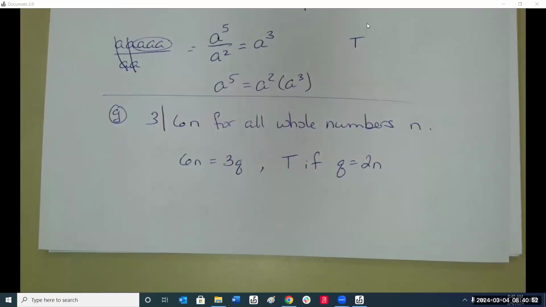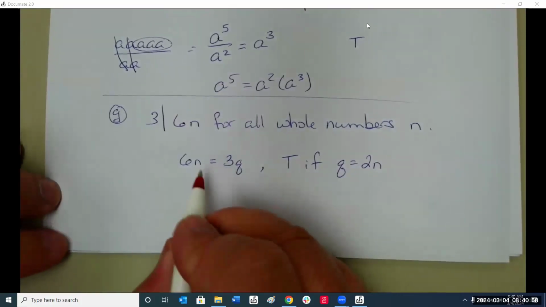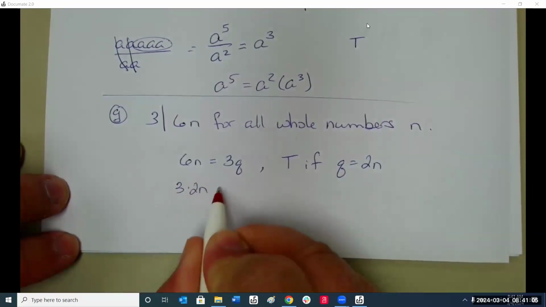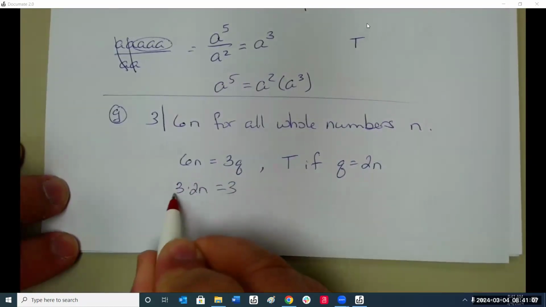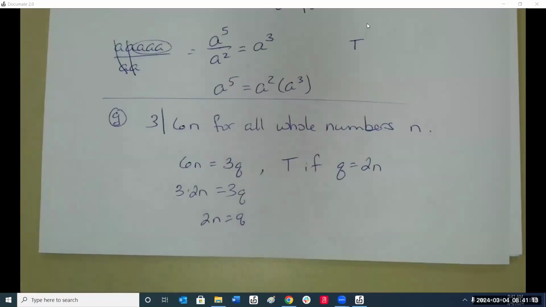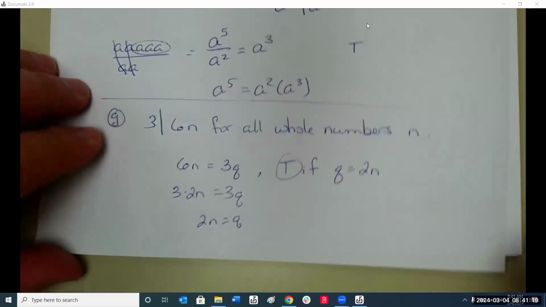It's true only if Q equals 2n. Is that what you got? Yeah. Because 6 is made up of 3 times 2 times n. They both have a 3, so that means Q has got to be 2n. It only works there. That's the unique answer. So true.